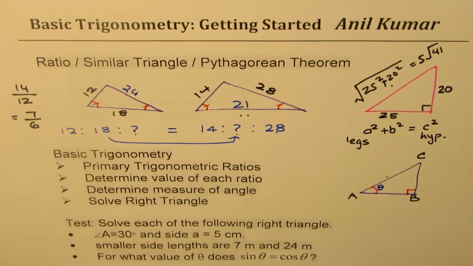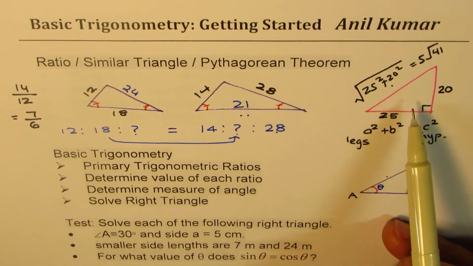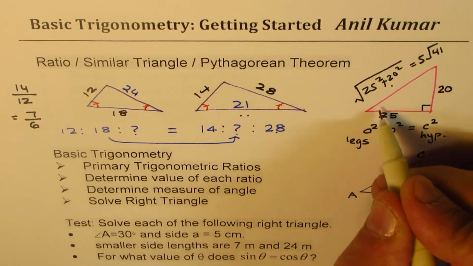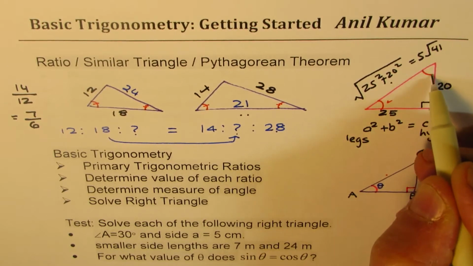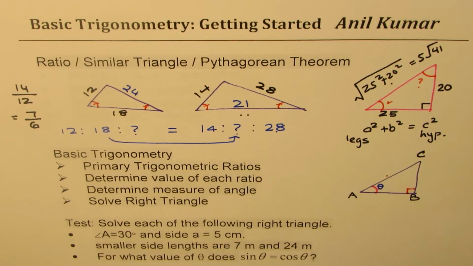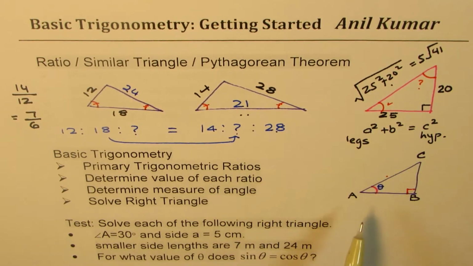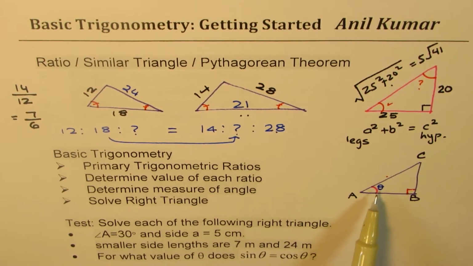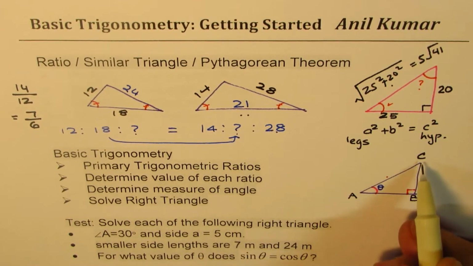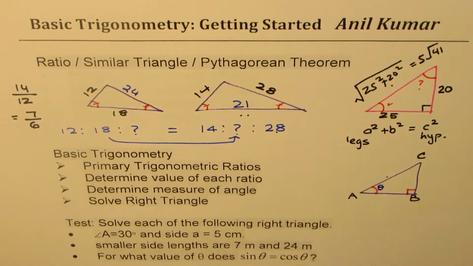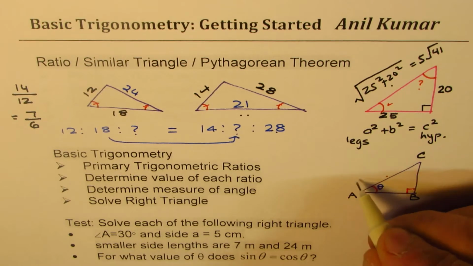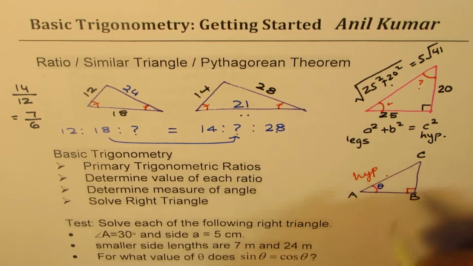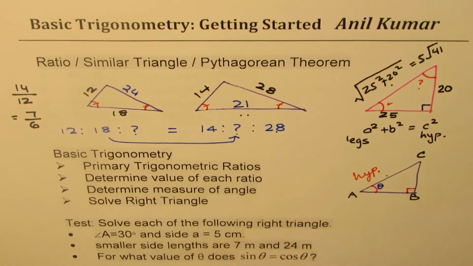Is that clear? Right? Now, with Pythagorean theorem, you cannot find what these angles are. Like, what is this angle? You don't know. And what is that angle? You don't know, correct? So that is a limitation. With trigonometry, we can also find the angles. Okay. Now, we'll refer to sides with special names. We'll always call the longest side, which is opposite to the right angle, the hypotenuse. So in short, I'll write HYP for hypotenuse.